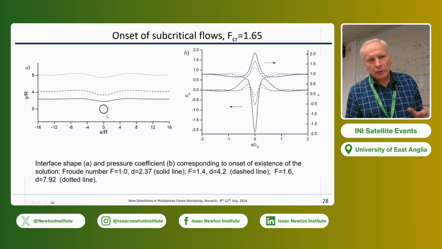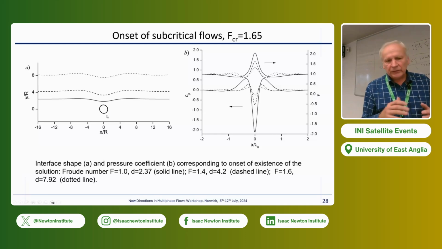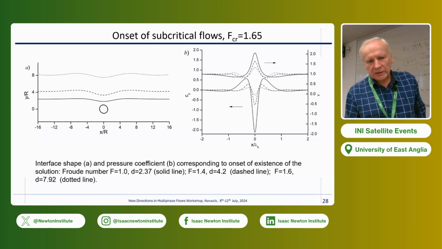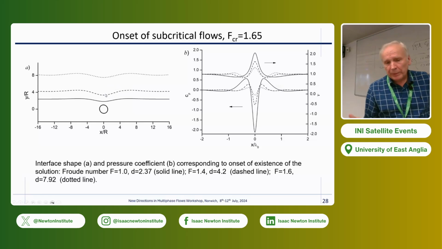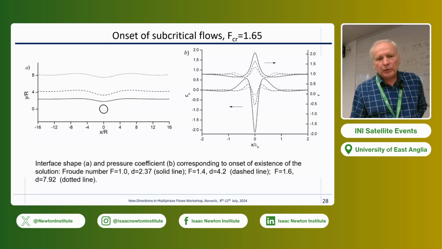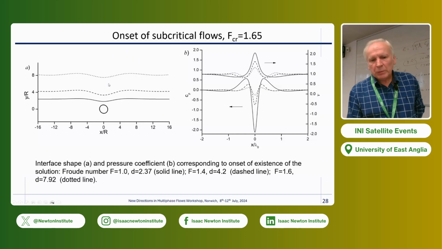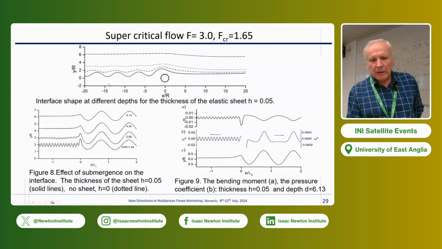As the body is closer to the interface, it causes larger disturbance of the interface. So we can see that we have similar behavior, similar features for this problem as for the previous one.